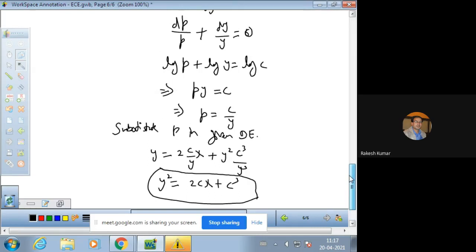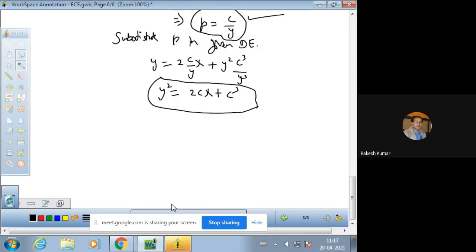So from the factors, after getting the solution, you will get the value of p, and that value of p you need to substitute in the given differential equation. So this is the method for equations solvable for x.